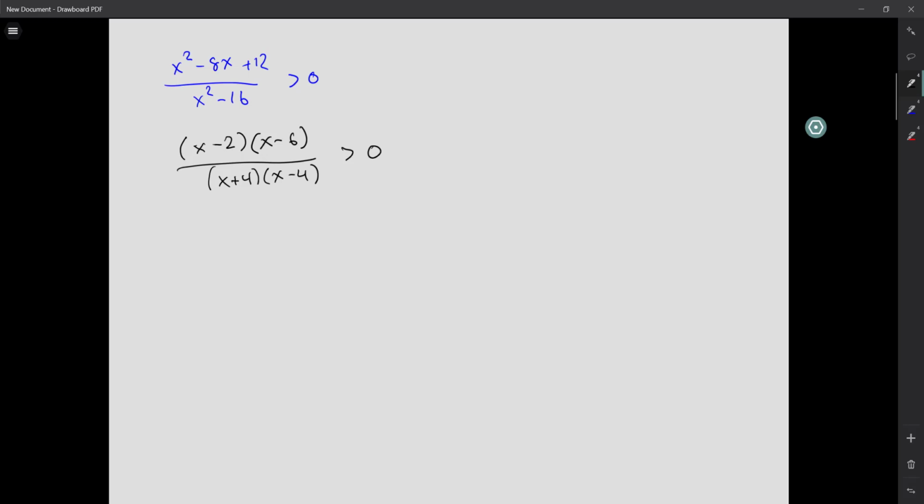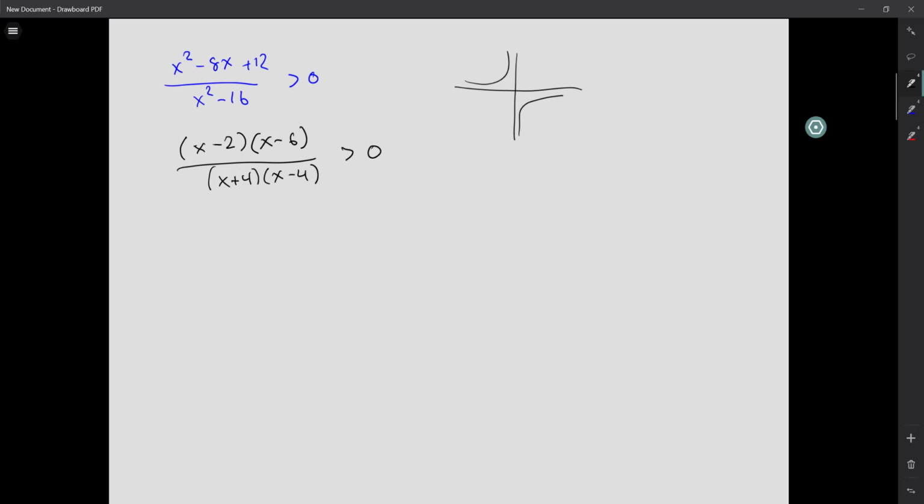Now what I'm still doing is I'm still finding x-intercepts because I'm going to test points in between the x-intercepts, but I'm also going to be watching out for where I have vertical asymptotes, because my graph can change from positive to negative across an asymptote. And that's exactly what I'm after here.